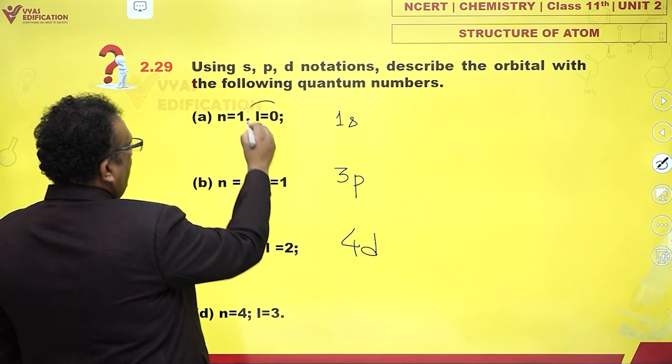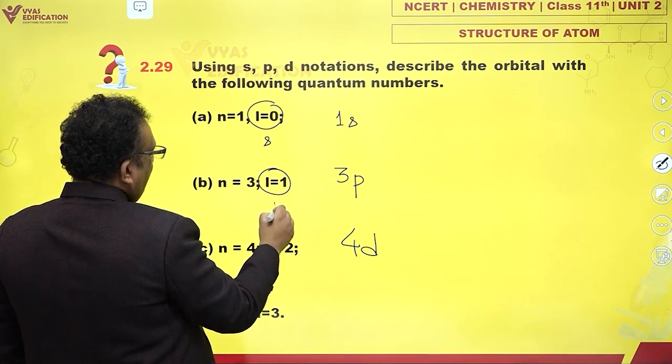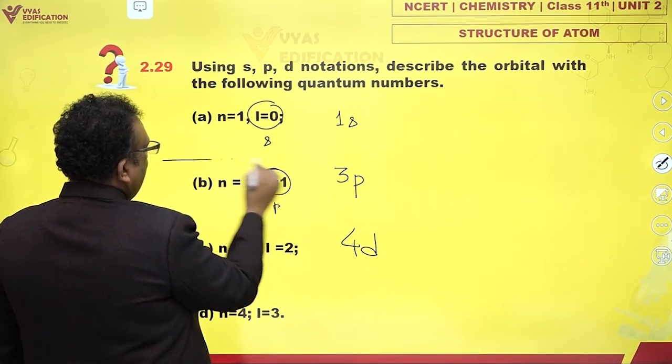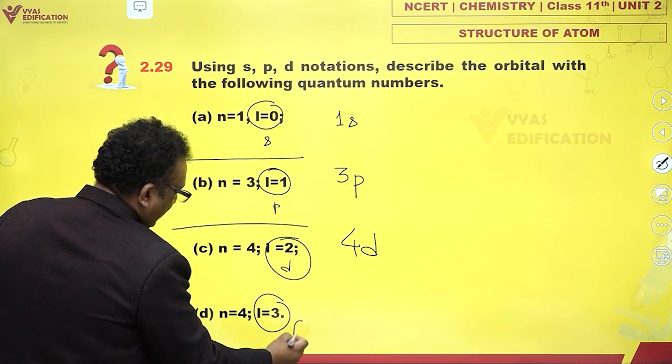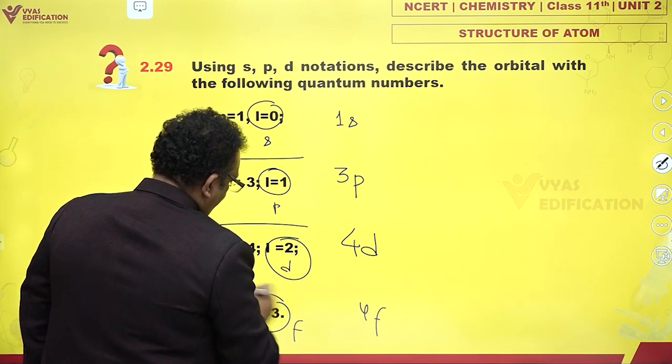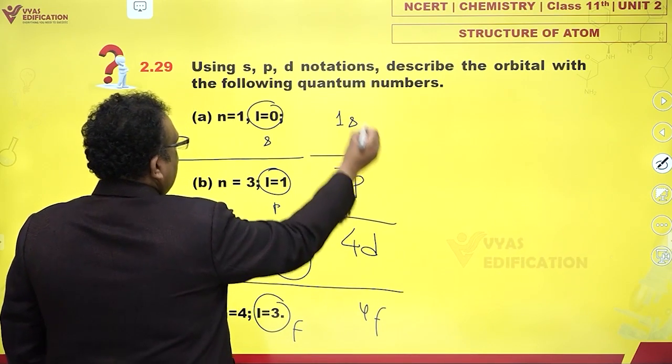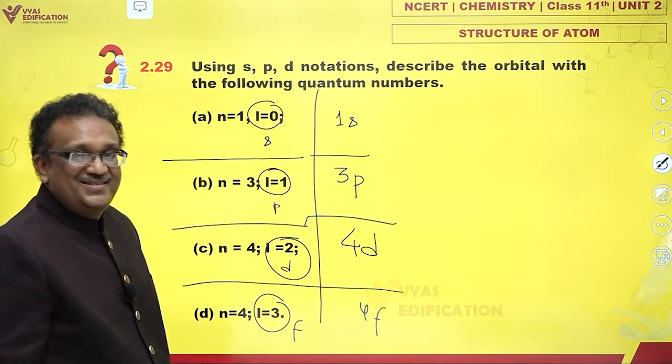Because L is equal to 0 is S, 1 is P, 2 is D, and 3 represents F orbital. So these are the respective notations.